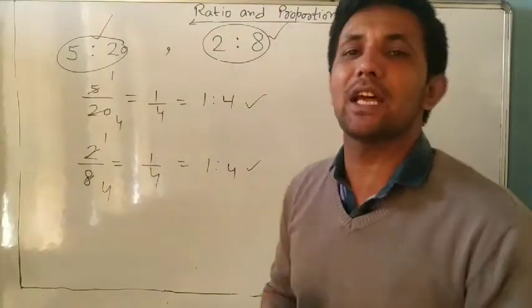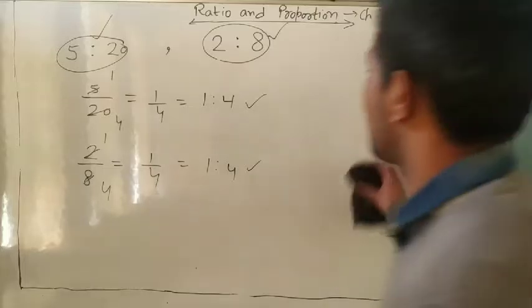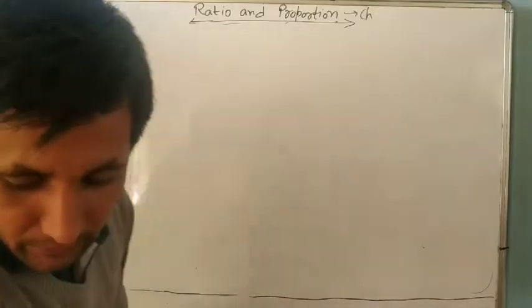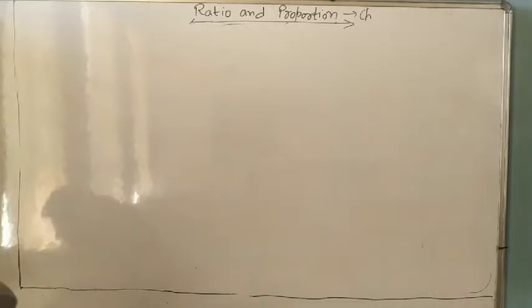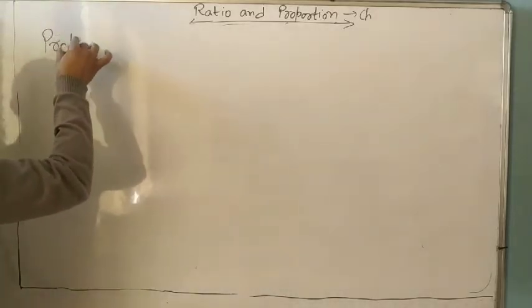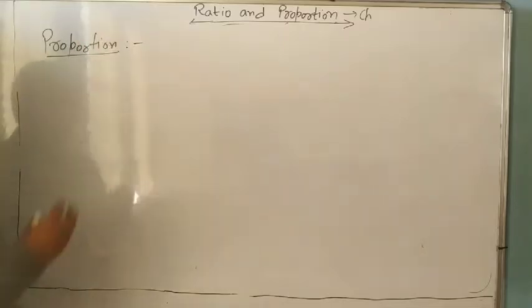If two ratios are equal, we can say that they are in proportion. Understand? So note it down.